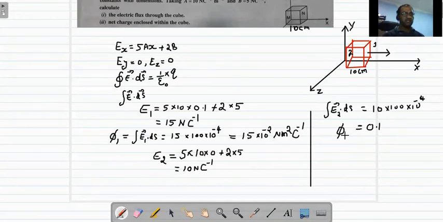Total flux coming out of the second surface: E ds into cos theta is there. What is theta here? Theta is 180. The electric field is this way, the normal is this way. So cos 180 we have to put here.